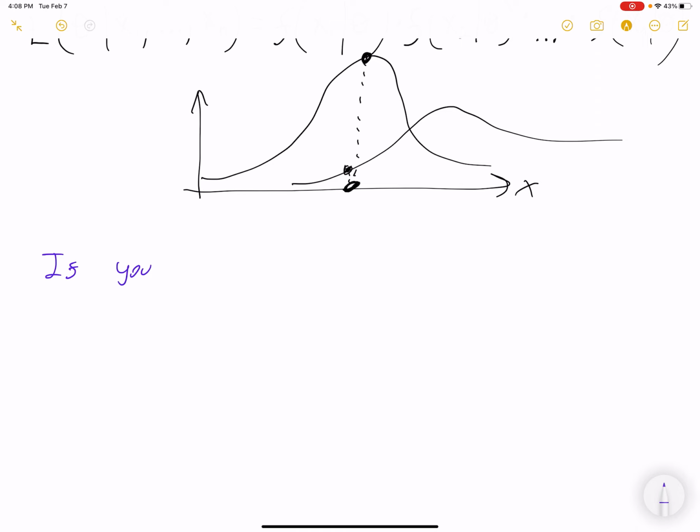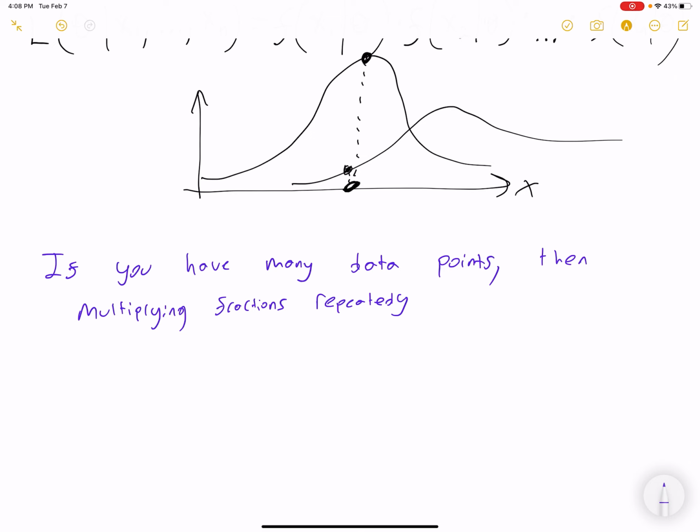So a practical consideration, but this will come up in naive Bayes and probably in some of your other classes. If you have many data points, then multiplying fractions repeatedly will underflow.